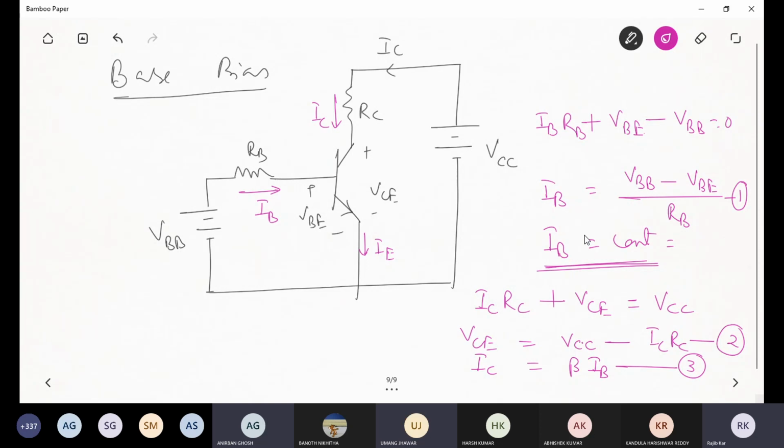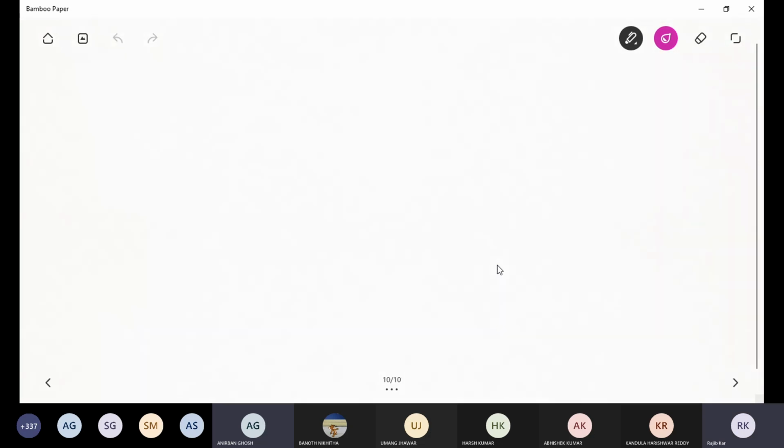And now what is the stability factor for this base bias circuit? Because there is no emitter resistor, it is as good as the common emitter configuration.